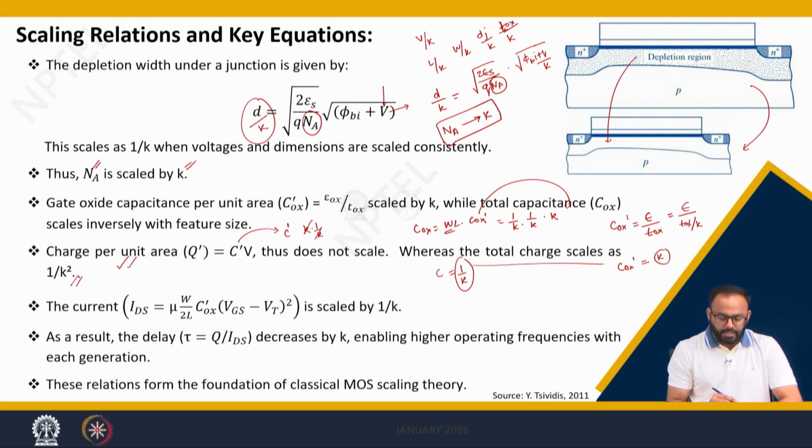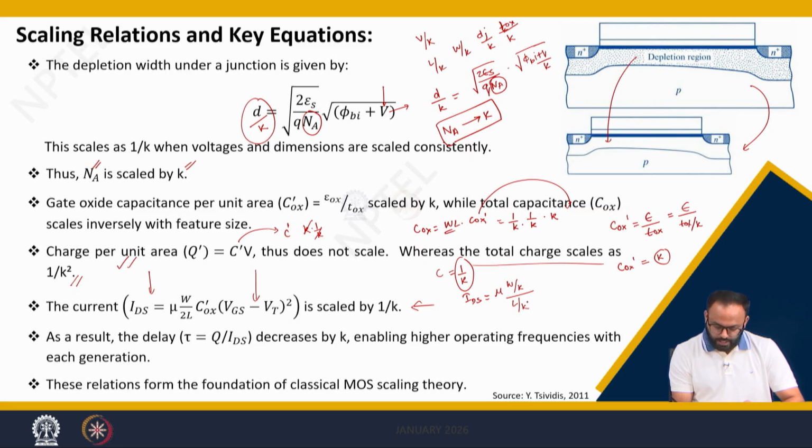Similarly, you are putting all those definitions and find out how the current, the delay, the subthreshold slope are scaled by either 1 by k or it will increase by a factor of k. So, if you see the current equation of MOSFET, then IDS is nothing but mu W, W will be scaled by k when you go for shorter or small channel devices.